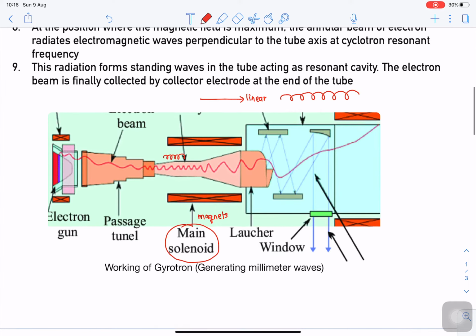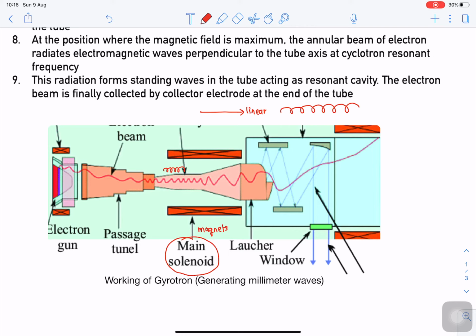What is actually happening over here is that we make use of a source of electrons, the electron gun. This electron gun produces an annular shaped beam of electrons rather than a linear beam. Now this annular shaped beam of electrons is passed over a strong magnetic field. This strong magnetic field can be produced either by using a solenoid or by making use of superconducting materials.